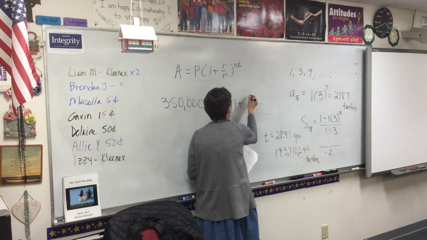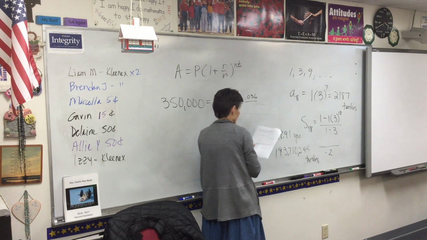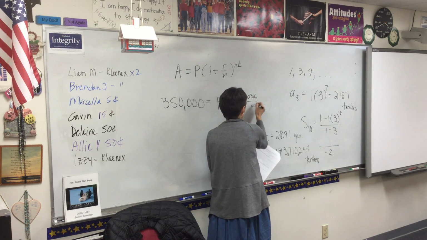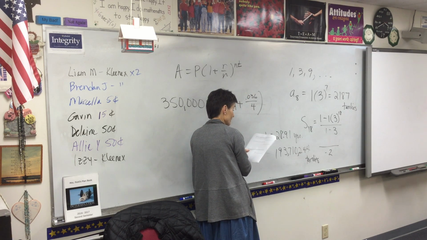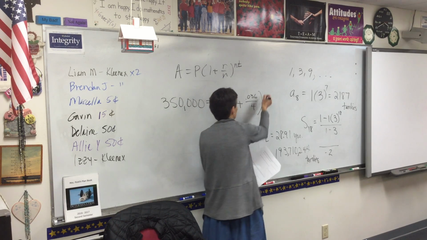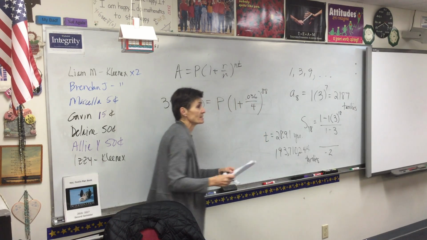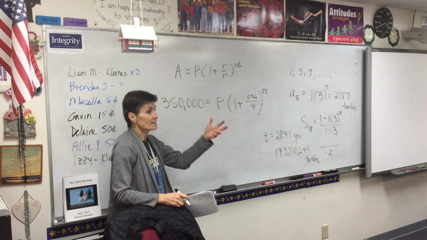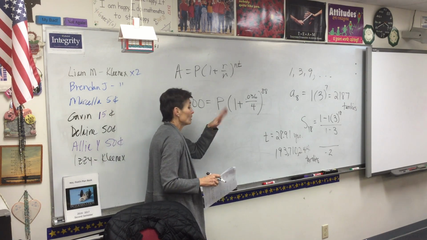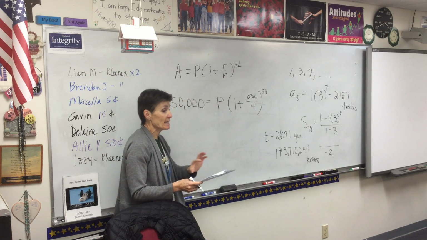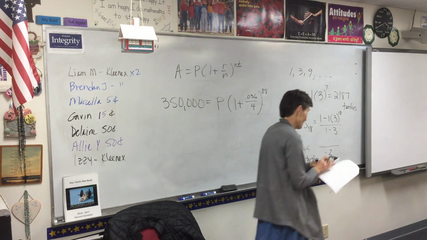Interest rate is 0.036. Compounded quarterly. And we're going to leave it in there for 22 years. So my exponent's 88 because it's n times t. All right. Now, I want you to do that on your own. Get an answer, and we'll check it next time.